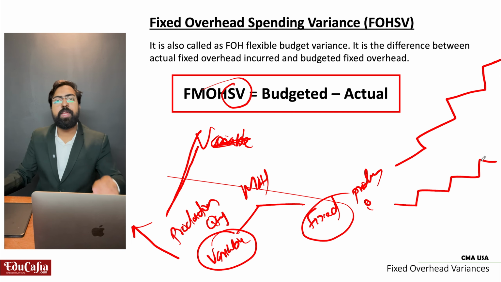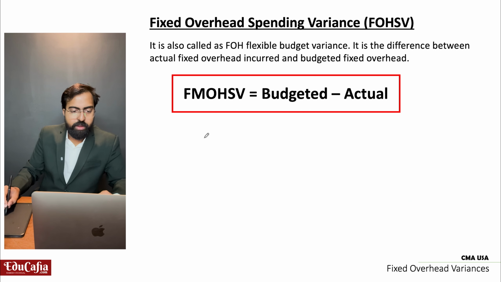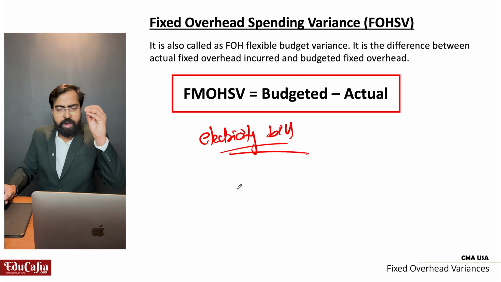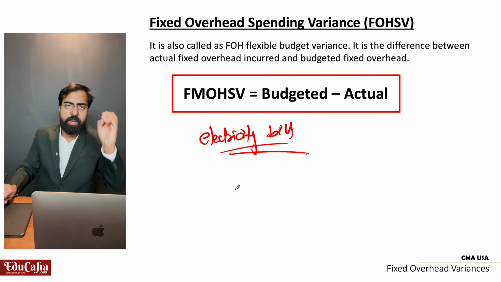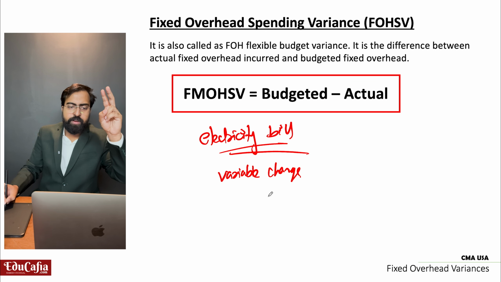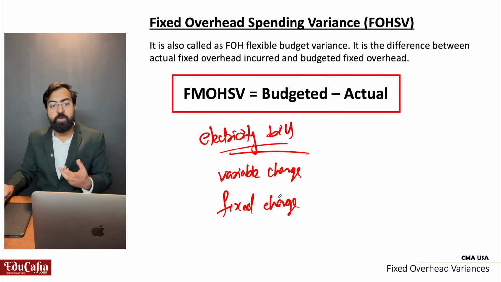Why? For example, take your electricity bill, in your house also an electricity bill is there, right? If it is India, I don't know what is there in other countries. In India, there will be two charges, a variable charge and a fixed charge. For the meter board, we are giving a fixed cost. What is variable cost?